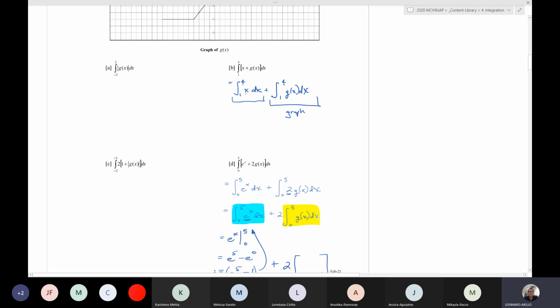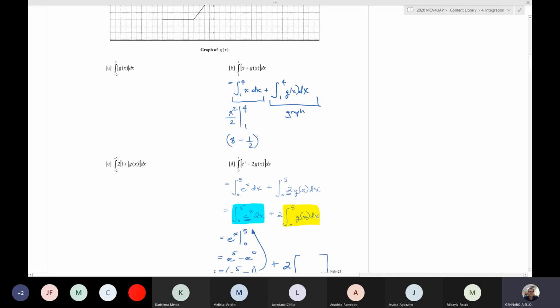The first one, you have to find the antiderivative, which is x squared over 2. And then I'm going to evaluate that at 4 and 1. So that would be 4 squared is 16, which is 8, minus 1/2.